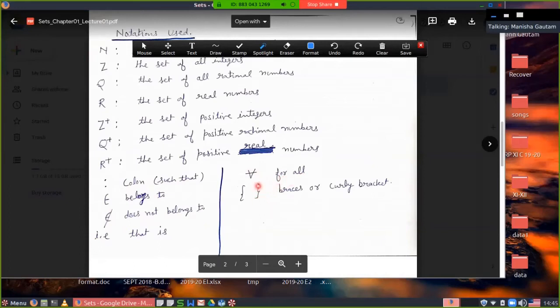And these braces, known as curly brackets, are used to write down the set elements. These are the notations which we will use in this chapter many times. At the time of natural numbers, I will write down only capital N as told to you. Similarly, all these notations are used in this chapter. Please try to learn all of them.